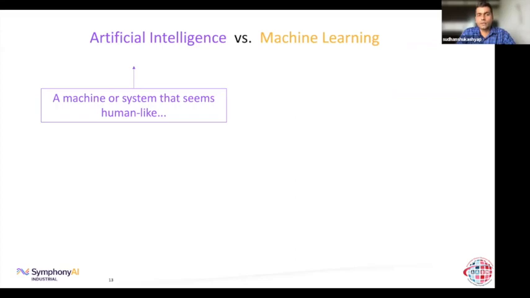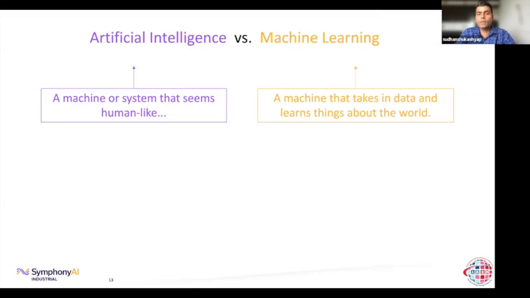So that's human intelligence, and if a machine is mimicking similar intelligence, we call it artificial intelligence. You might find a lot of different definitions. That's fine, that's okay. But this is what I think is most appropriate for artificial intelligence.